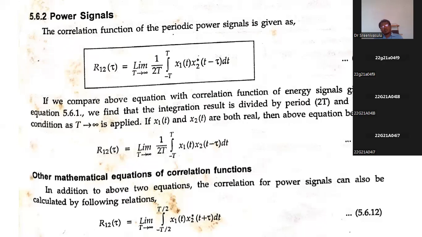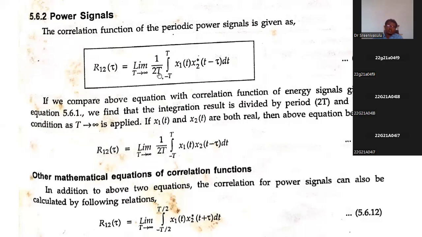The formulas are all the same. The only thing is, instead of integrating from minus infinity to plus infinity, we write it from minus T to plus T. Whenever there is a minus T to plus T, we always need to take the difference between the upper limit and the lower limit. The upper limit is T, and T minus minus T is 2T.